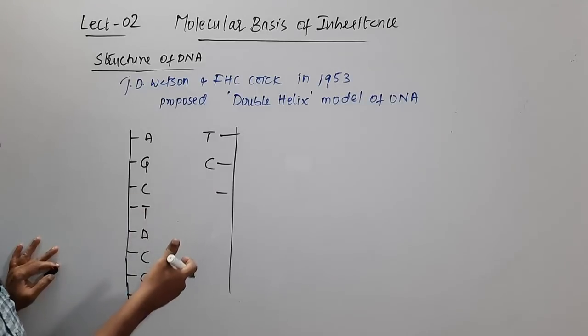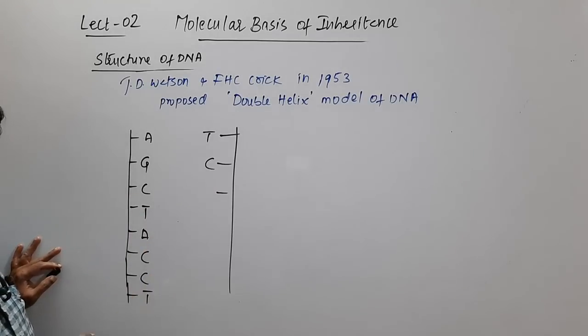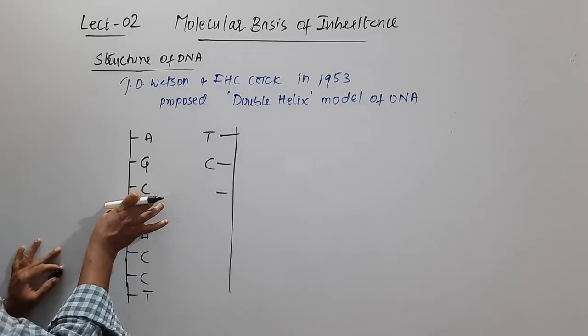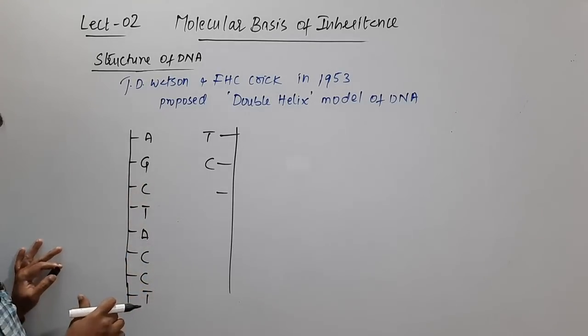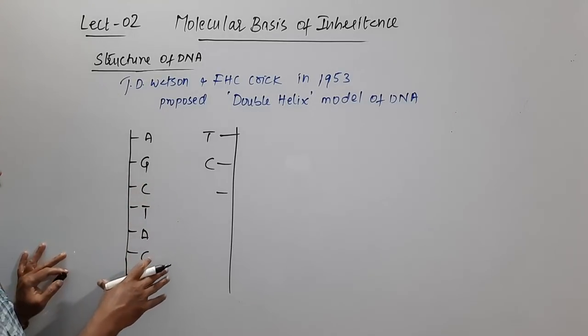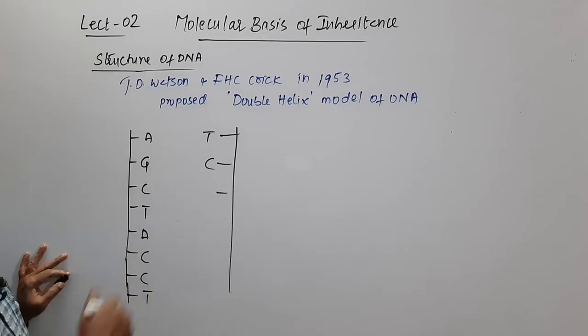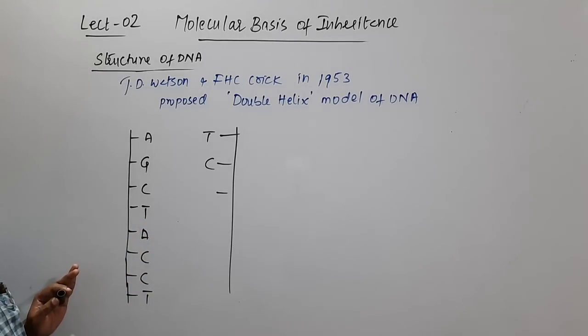What we mean by complementary is that if you know the sequence of nitrogen bases on one strand, you can predict the sequence of nitrogen bases on the opposite strand. That is what we call the two strands being complementary to each other.